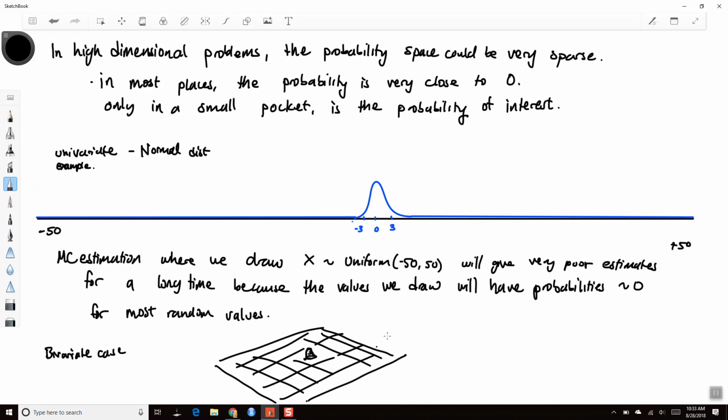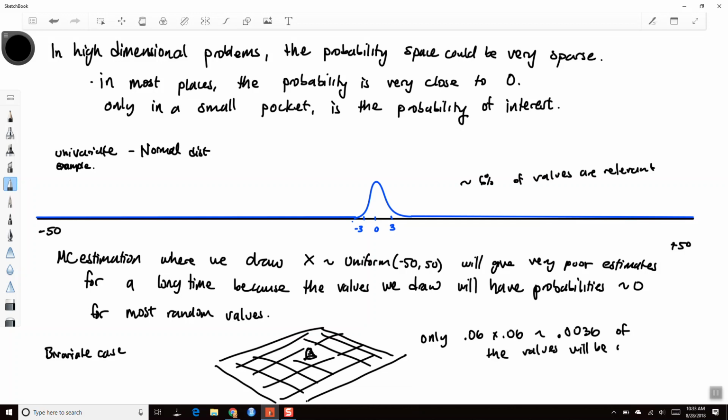So in the univariate case only about 6% of values are relevant, and here only 0.06 times 0.06, what's that? 0.0036 of the values will be relevant. And that's if we go from -50 to 50.